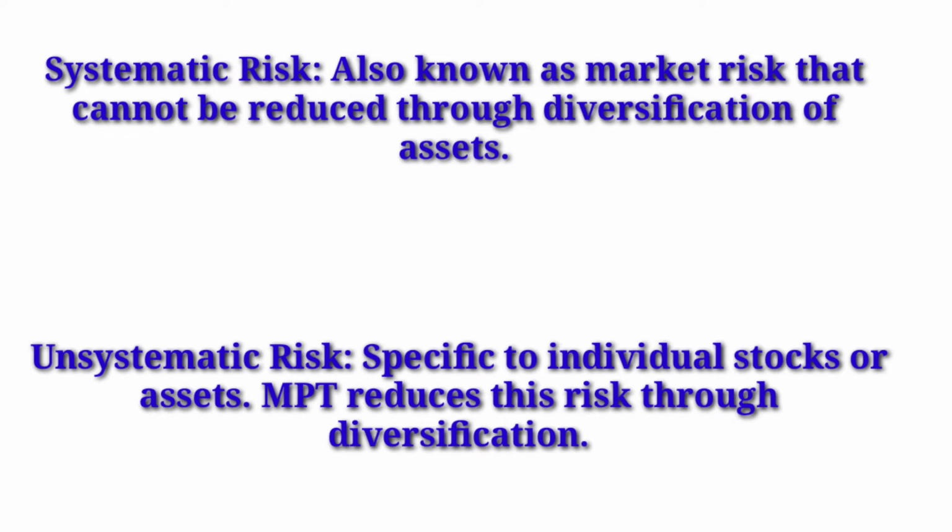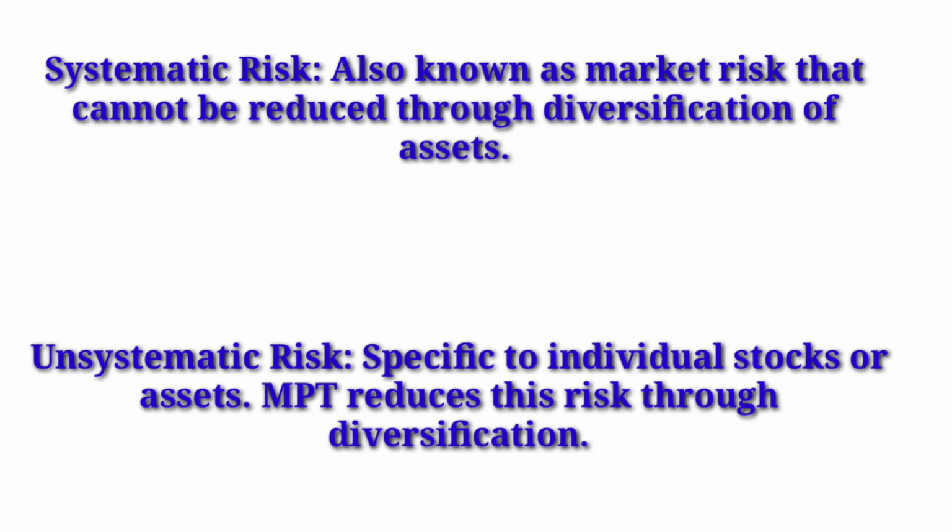The MPT does not claim to reduce this type of risk as it is inherent to an entire market or economy. Then unsystematic risk. It is also known as specific risk because it is specific to individual stocks or assets. MPT is useful in reducing this risk through effective diversification strategies.